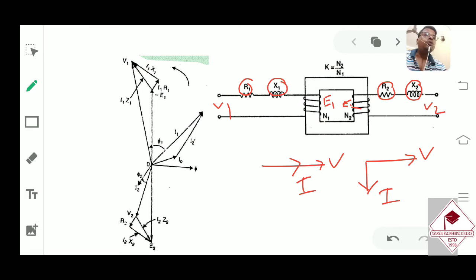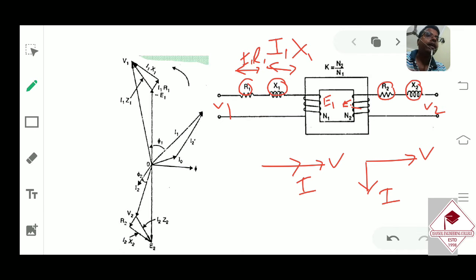Okay, so in this circuit you can see that there will be two drops. This is one drop, I1 R1, right? And across this inductor there will be another drop, that is I1 X1 drop.